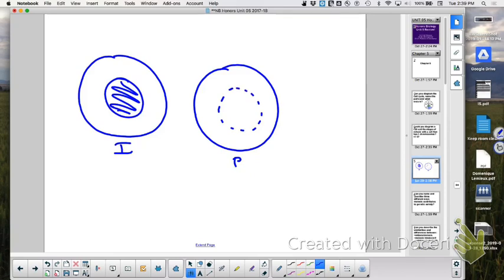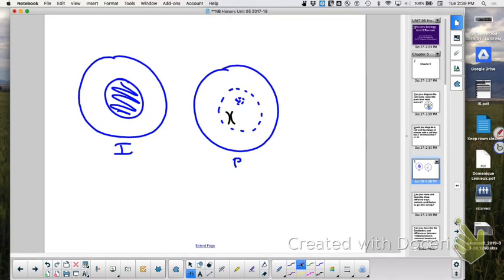Nuclear envelope and the nucleolus is starting to disappear, right? The chromosomes become visible. So if I had chromosomes, here we go. When they appear visible, they appear as doubled, right? What are those? Sister chromatids held together by a centromere.